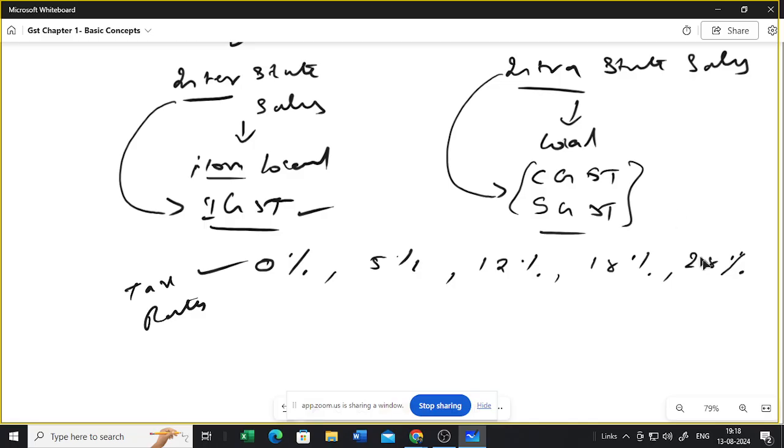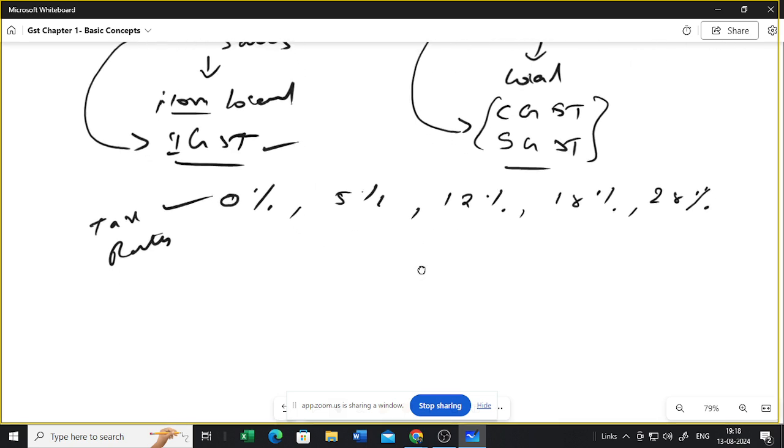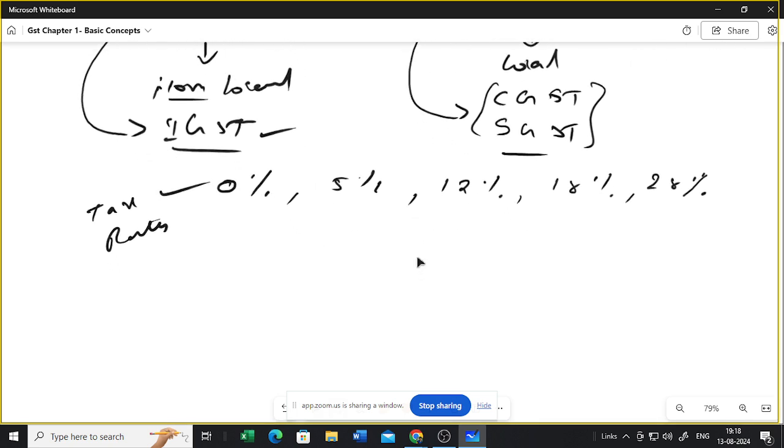Now what happens? The tax rate does not affect here. When you purchase directly from outside the state, suppose you have a 5% rate on goods. Straight away on this taxable value you need to calculate the 5%.